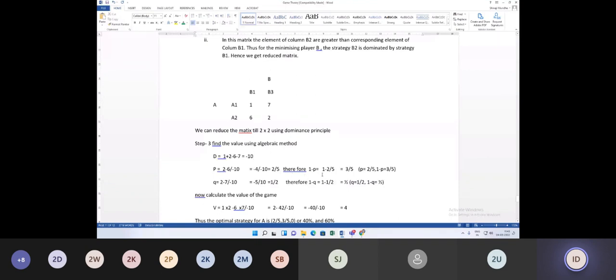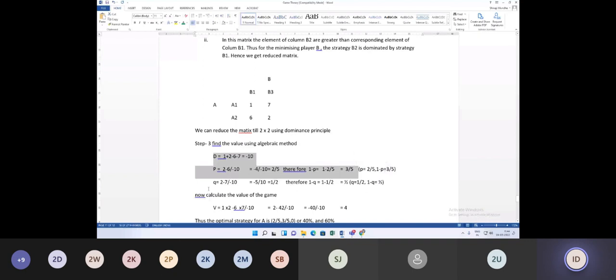Therefore, 1 minus p is equal to 1 minus 2 by 5 is equal to 3 by 5. So here the same direct method we are applying. By applying the direct method, we get p is equal to 2 by 5 and 1 minus p is equal to 3 by 5.